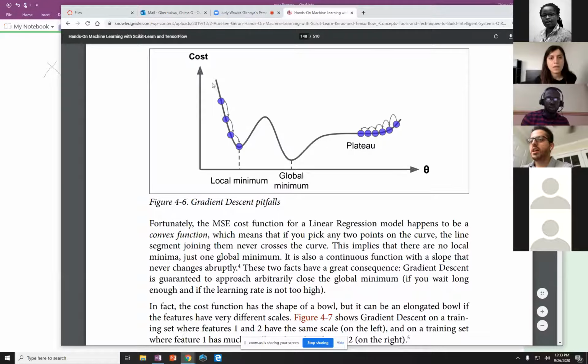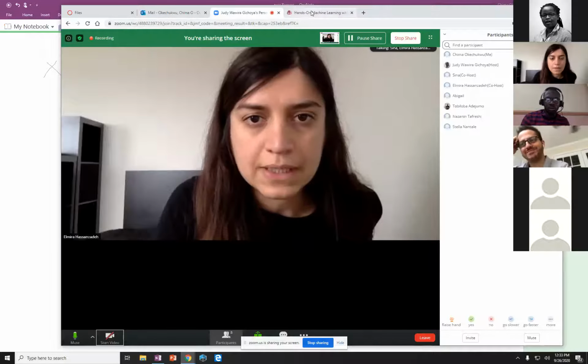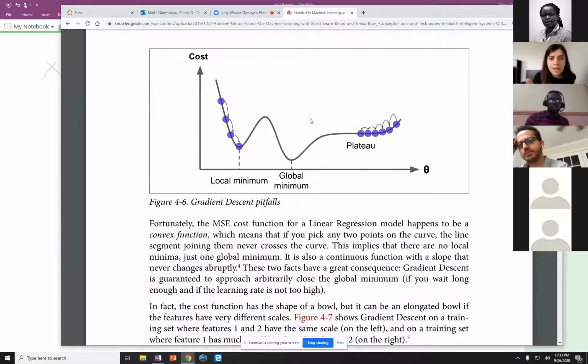I think I can get what Sina's question is. Sina, we have multiple cost functions. One is MSE, which gives us the bowl-shaped graph, which was higher up. This is a different cost function, and we usually don't use a cost function that gives us a non-bowl-shaped graph. So that's our determination of which cost function we want to use.